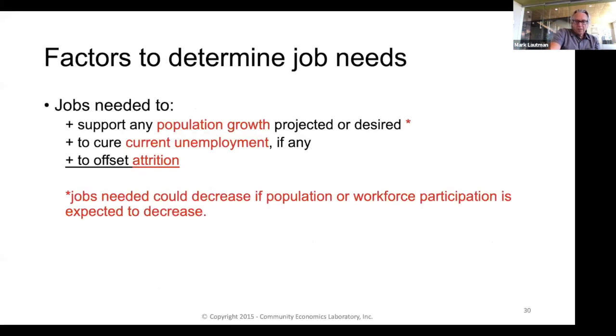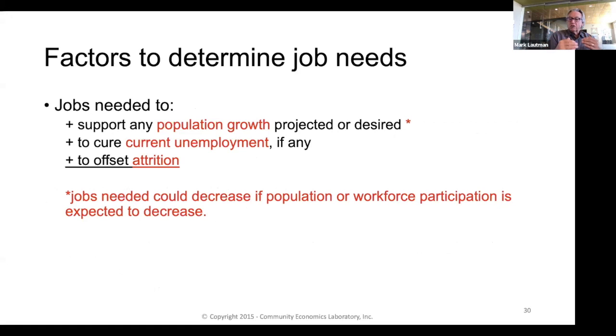How do you get the number? There's three factors. How many jobs are you going to need, economic-based jobs again, to support any new population you're going to have? And of course, if your population is going to shrink, you may have fewer households to support, so you may need fewer economic-based jobs. It's possible. But you want to start with the population.